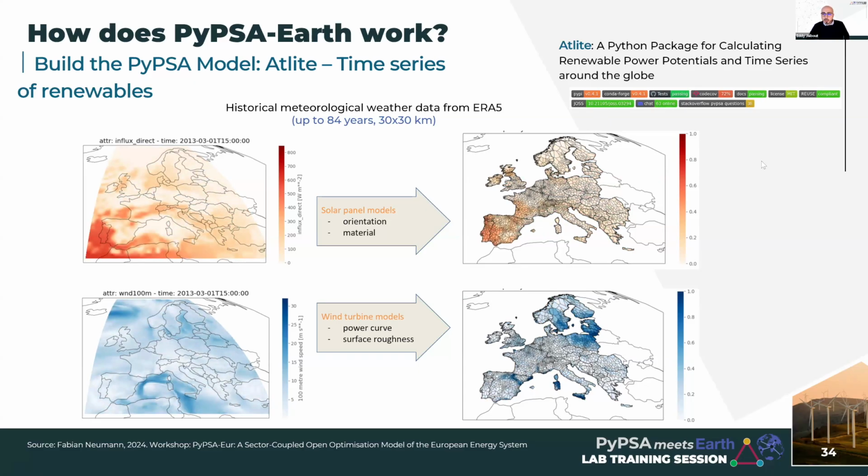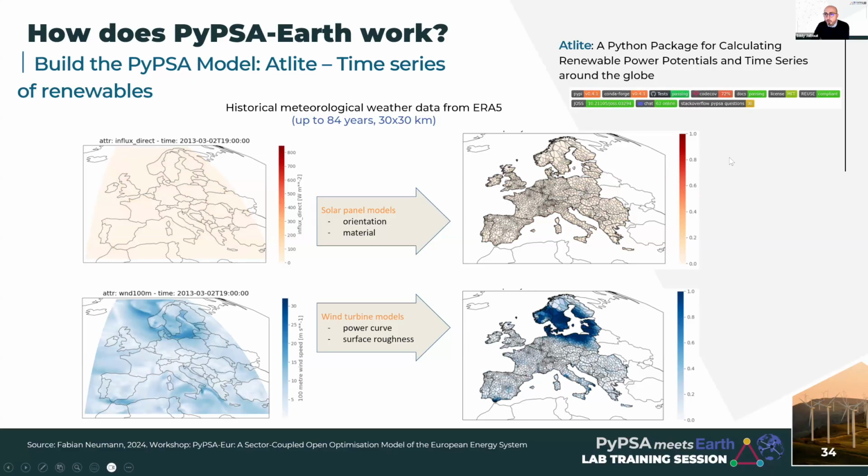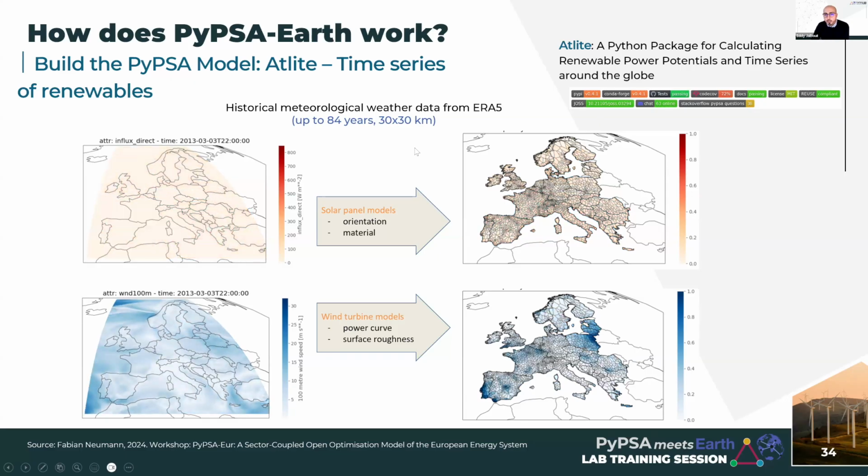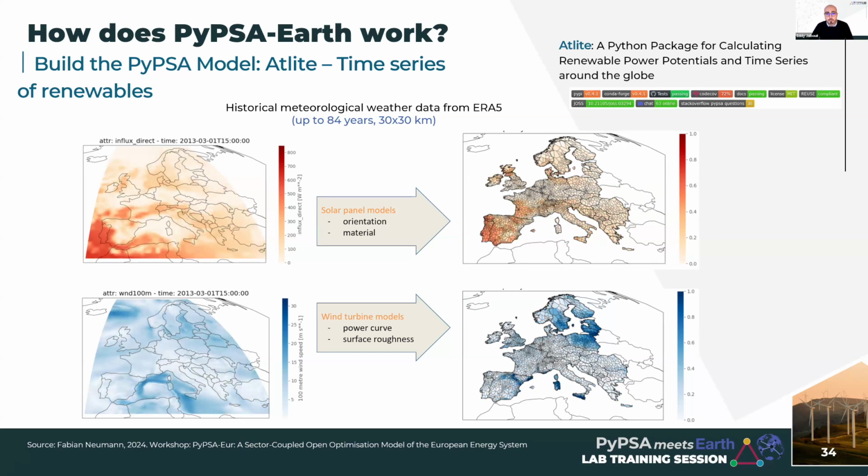We have from ERA5 already 84 years we can choose from. The default year within PyPSA-Earth is 2013. Of course, this can be changed by the user according to the location and the weather year needed.